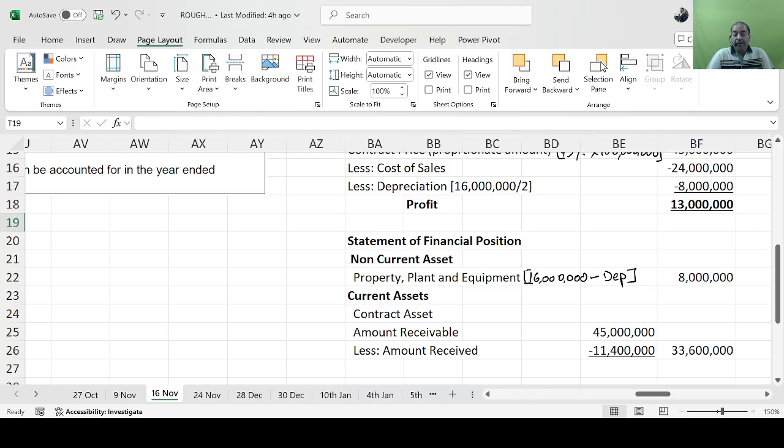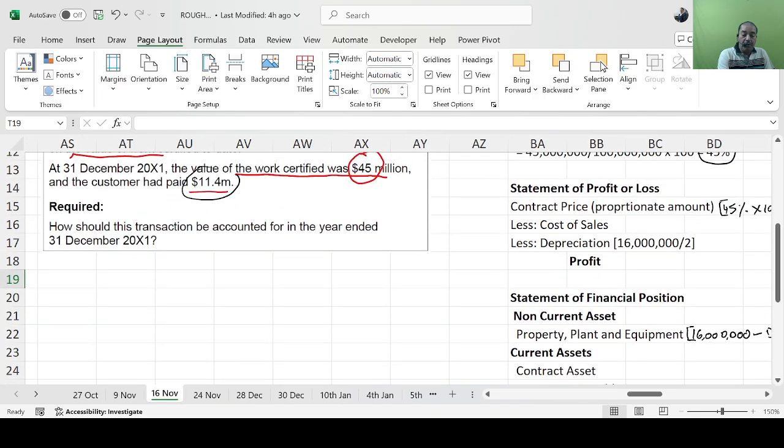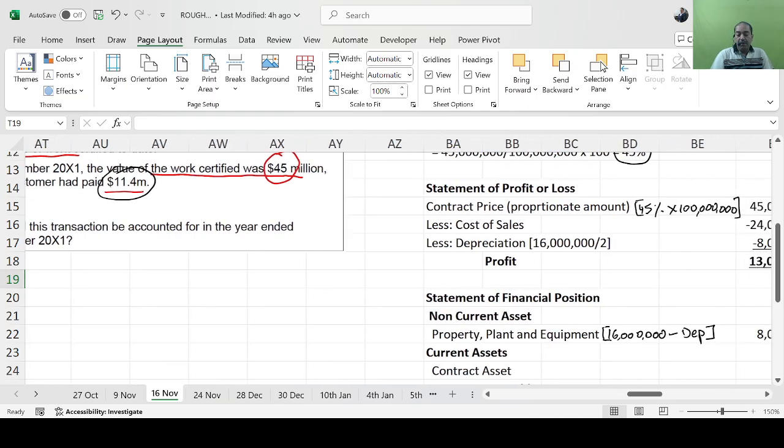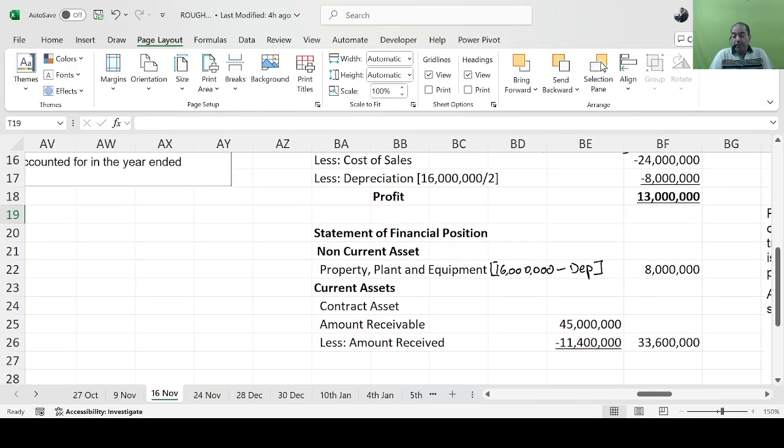Then you will have current asset, which is made up of contract asset, amount receivable $45 million, less the amount received, which is given in the question as $11.4 million. You can see that. As I told you, all the figures are given. You just have to write those figures here. So the contract asset is $33,600,000.